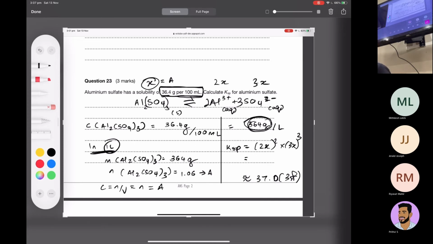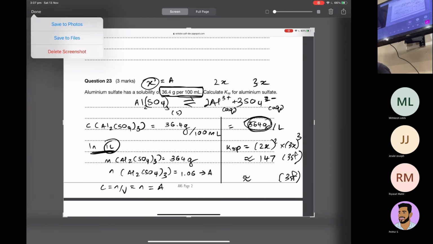What was the mistake? You added it? Come on, it's a K question. Okay, 147. We can round it up to 150 if we're doing 3 sig figs, right? Yeah, so 147 has already been rounded off. Okay, good. Not too bad of a question.